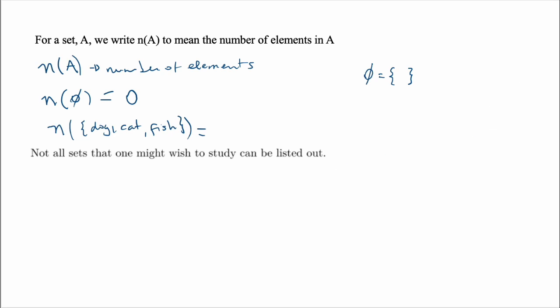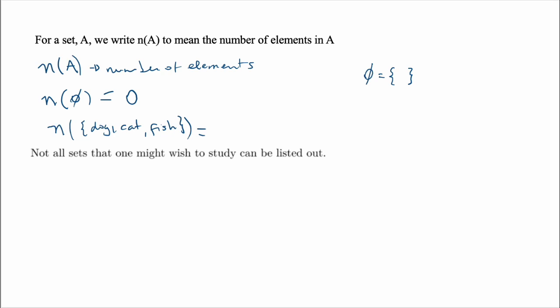Okay? Here's another example. What's the number of elements inside the set composed of dog, cat, and fish? Right? So what's the number of elements of that set? Well, if you think about it, you have 3 elements. You have dog, you have cat, and you have fish.